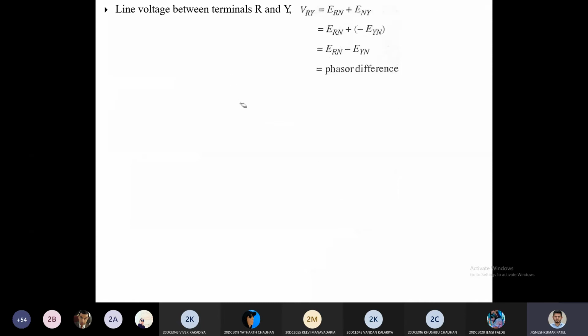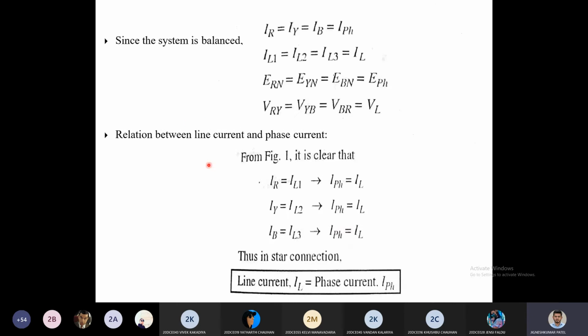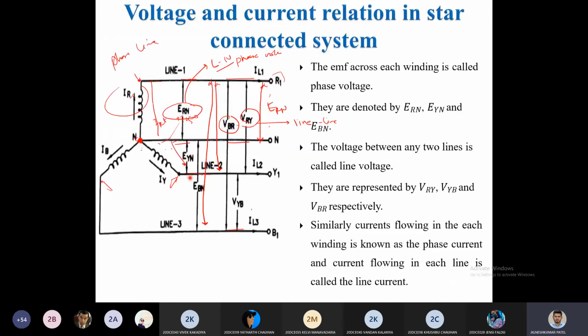What is the relation between the terminals R and Y? Now I want to find out the line voltage VRY. How to find out that voltage? You are going to perform ERN plus ENY. Why is ENY written? The voltage between neutral and line is like an EMF generator. This is my Y point, and this is my N point.